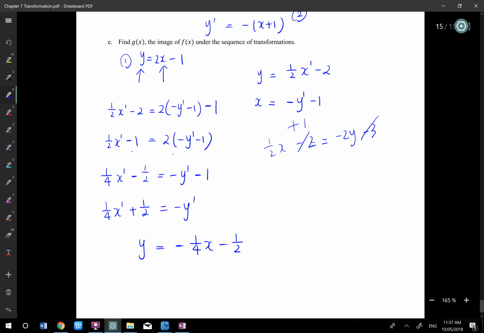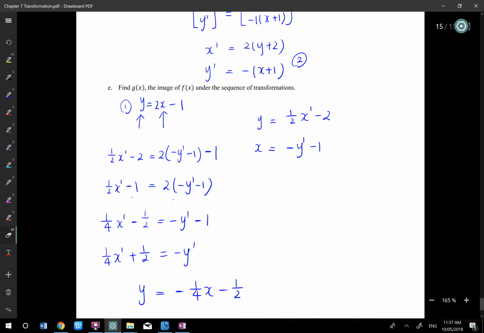That's a plus 1. That's negative a quarter x minus a half. Do you get the same thing? I think it's that. If I didn't rearrange my x and y wrong, it should be the correct answer. My y is a half x dash minus 2, and my x is negative y dash minus 1. I think it's correct.